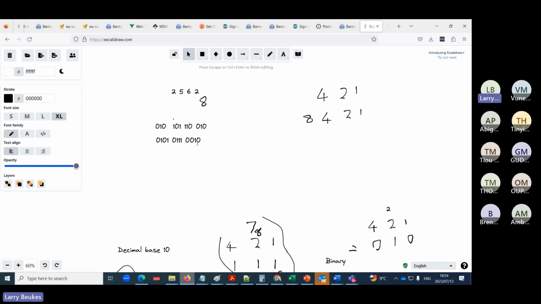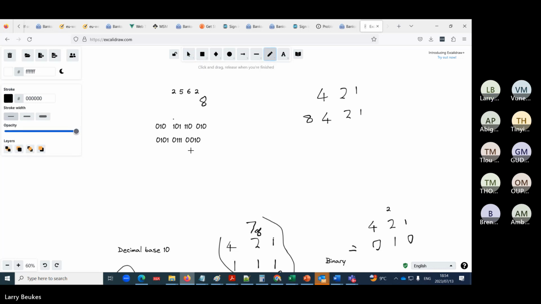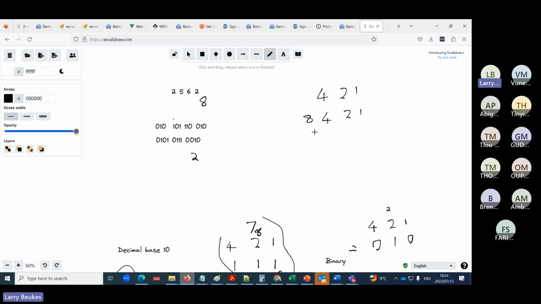So from this, now we're going to convert this binary to hex, right? So what is this in hex? So it means here 1 is not present, 2 is present. So the answer for this one is 2. I know this one is a 7, but anyway, so it means 1 is present, 2 is present, and 4 is present, 8 is not present.